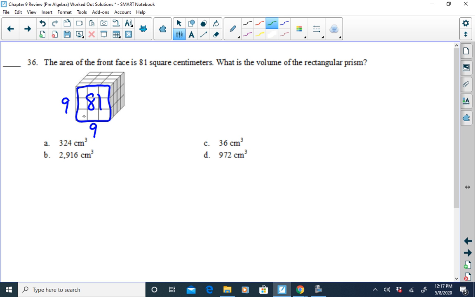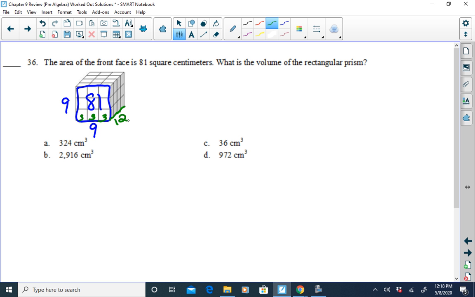Which means each one of these little squares is equivalent to what? 3. Correct. So why is that important? Well, we have 4 of those units along the side here. So what must be the length in centimeters of that side? 12. Right, that's got to be 12.